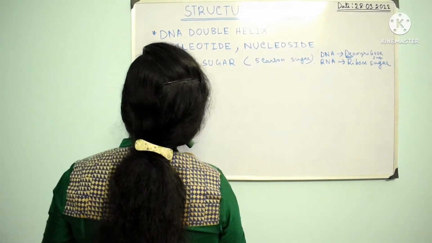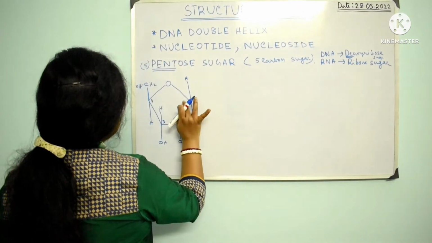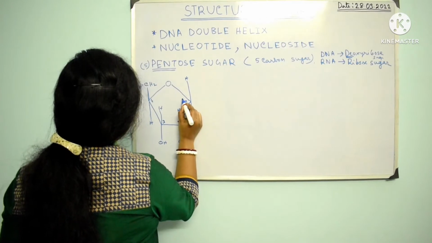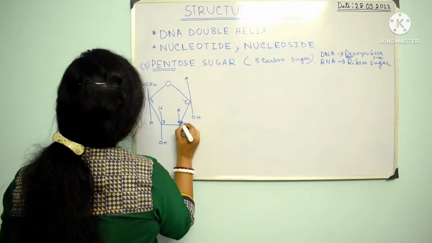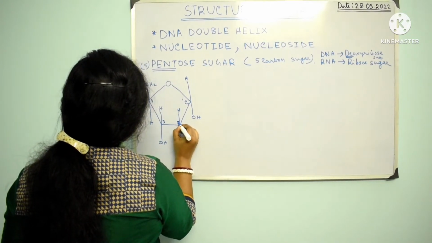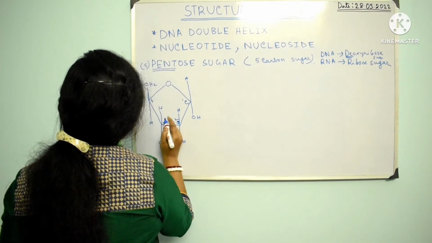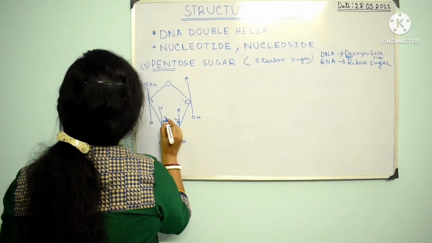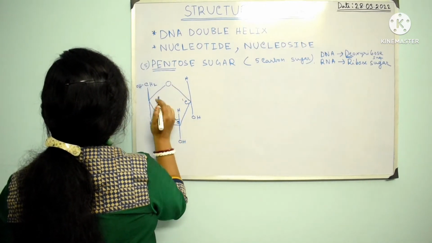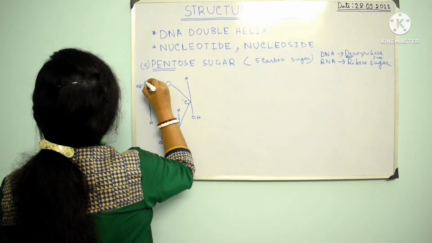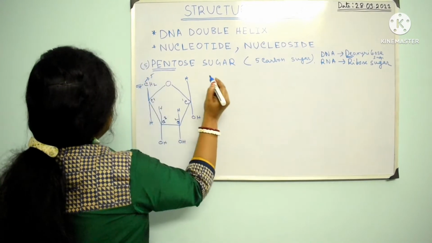Now let's label the carbons: here carbon 1, here carbon 2, here carbon 3, here carbon 4 and this one is the 5th carbon.